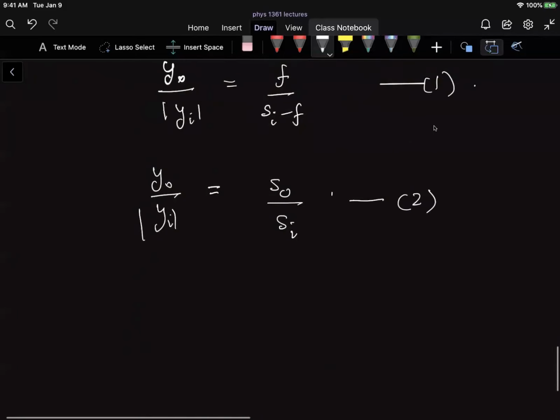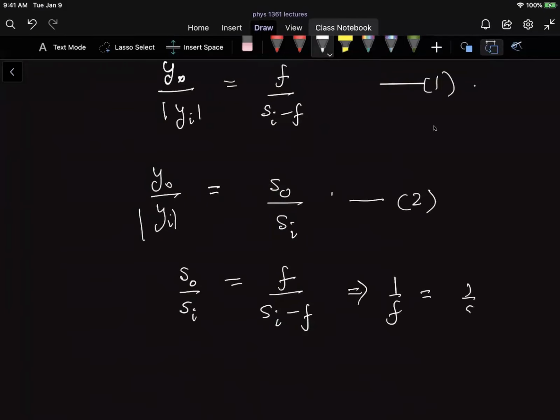We have SO divided by SI is equal to F divided by SI minus F, which, if you solve this equation, simply retrieves for us 1 over F equals 1 over SO plus 1 over SI. So we've rederived the Gaussian lens formula by this ray tracing argument.